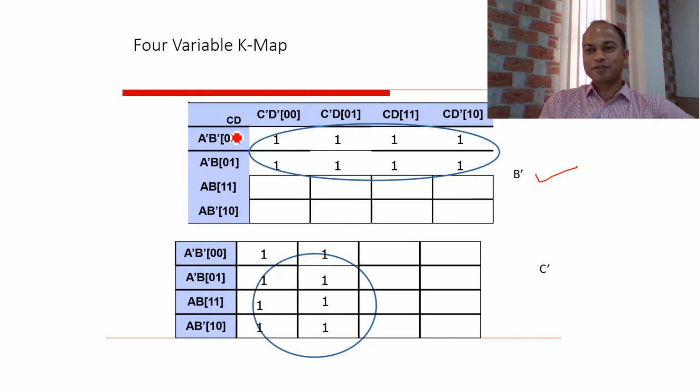The common part's first variable is used for B, and the second variable is used for C. As we have to take the first variable, this is B, but the common value is 0, so 0 means B dash.